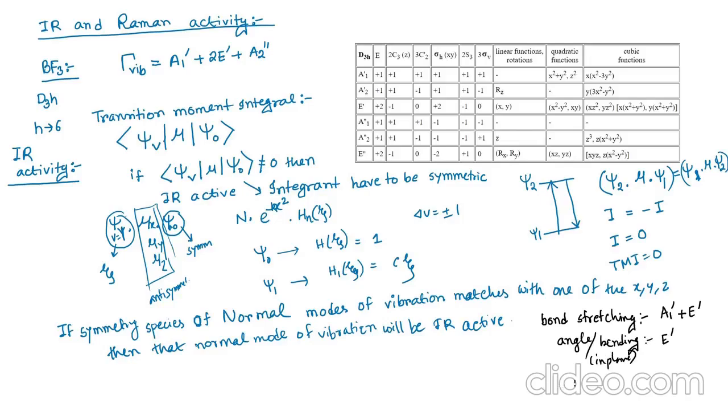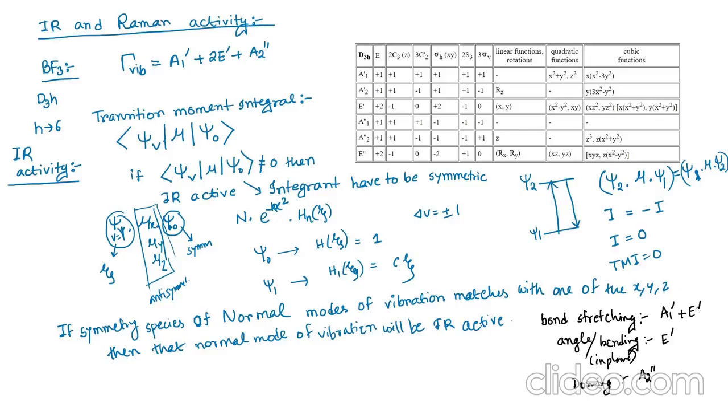What about your doming motion? Doming motion is actually A2 double dash. If you see, the stretching A1 dash doesn't carry x, okay, but x and y together are there in the E dash.